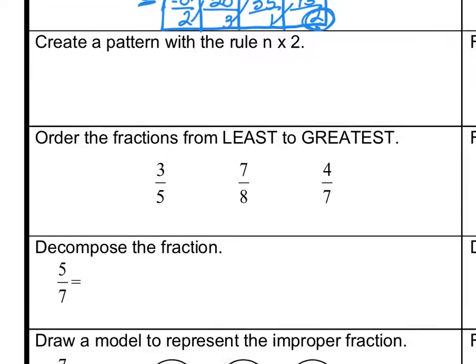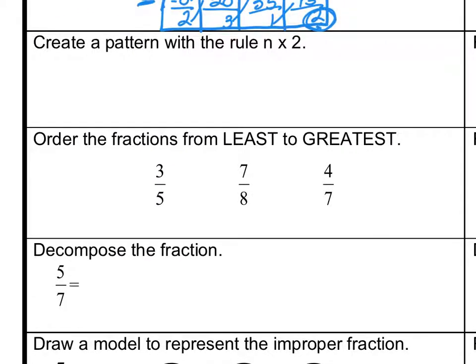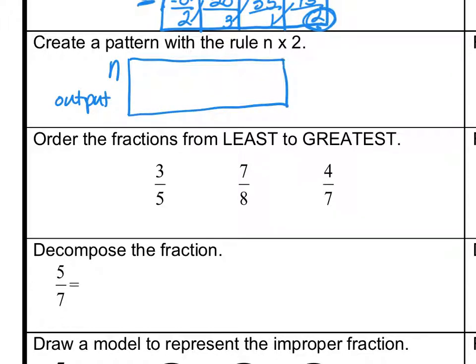All right, create a pattern with n times 2. All right, and then we'll get an output after we apply our rule. You can start anywhere you want to. You just need to go in order once you start. And we'll do 5 out. If we start with 1, it'd be 1 times 2, and that's 2.